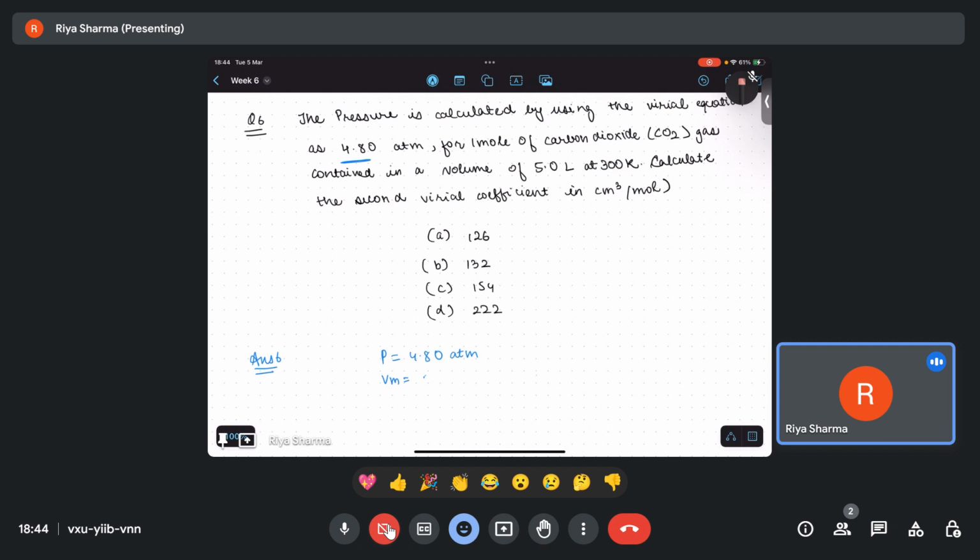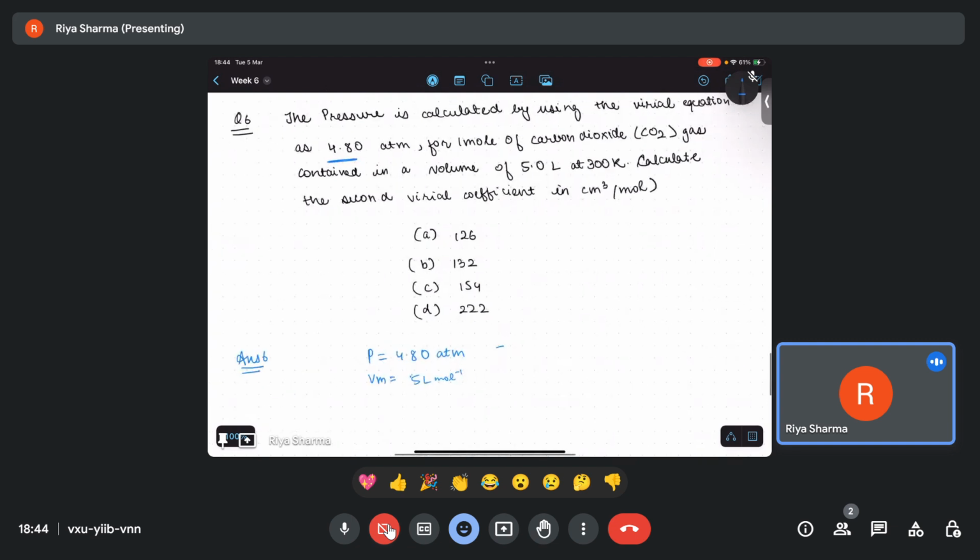For 1 mole of carbon dioxide gas, it is saying 5 liter, like molar volume, per mole. Calculate the second virial coefficient. The temperature has already been given to us, the temperature is 300 Kelvin. So the basic things for CO2 gas have already been given.